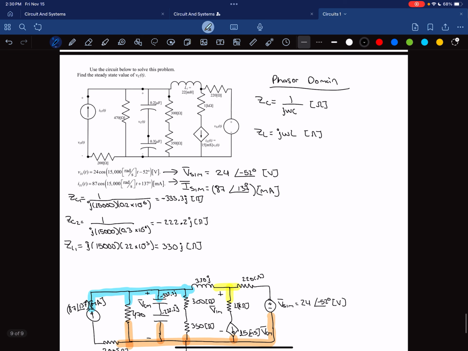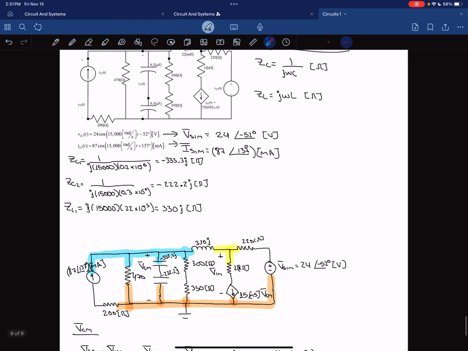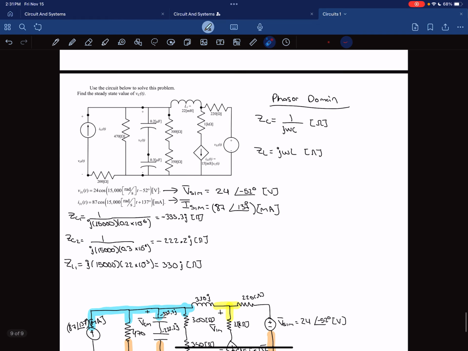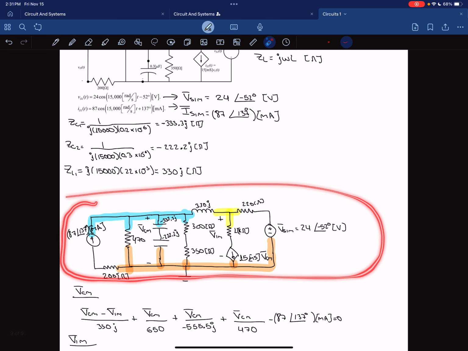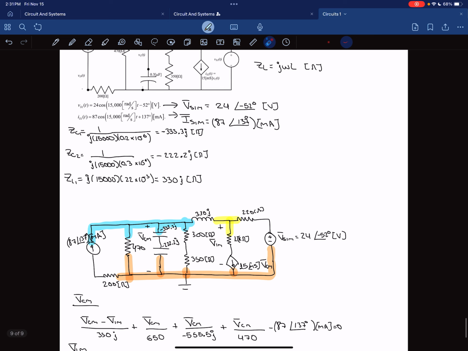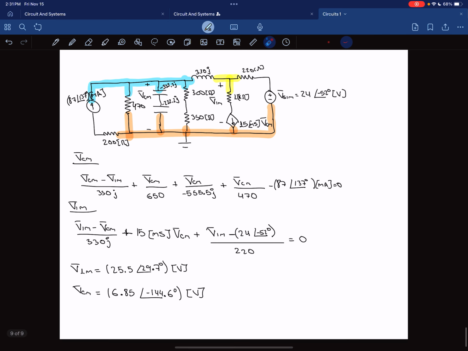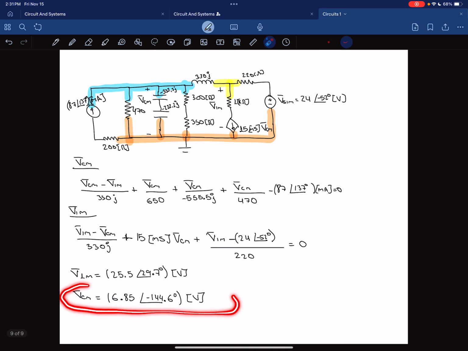So now, what is the question asking? It has to find the steady state value of Vc of t, right? We did all this information to make the circuit super simple to solve and to find what's BCM. We found what's BCM is this.